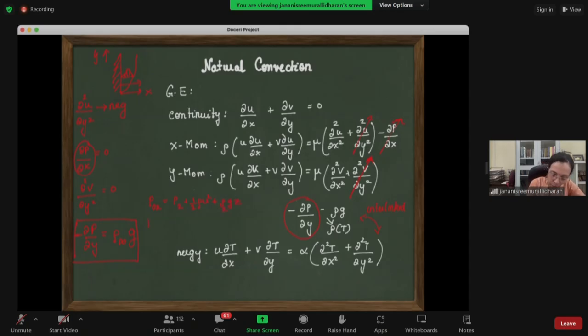Now, P01 in the initial condition is P1 plus half ρ1 V squared plus ρ1 g Z1. Now, there is no movement or flow, so the dynamic pressure contributions are not there. So I'm going to remove this particular component here.